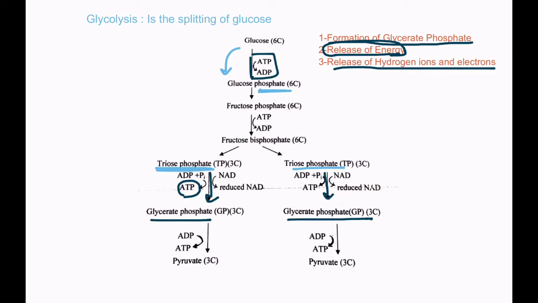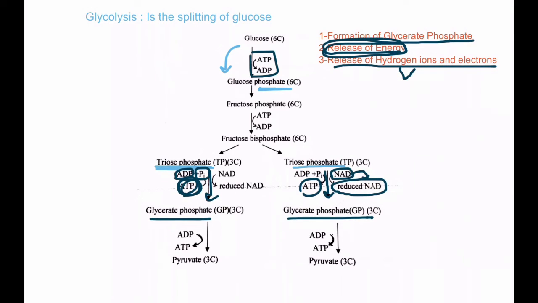So to form ATP, we have ADP, we have inorganic phosphate, and we used this energy that was released from dehydrogenation, okay, to form ATP. So now we formed 2 ATP in total. And the hydrogen ions that were released will be carried by NAD to form reduced NAD. So we'll have 2 reduced NAD.